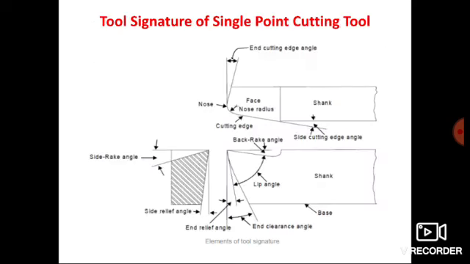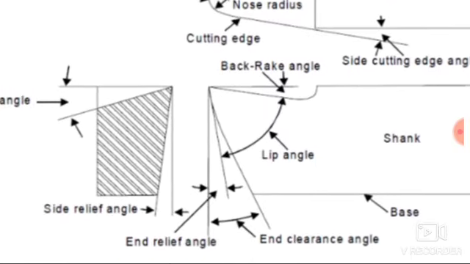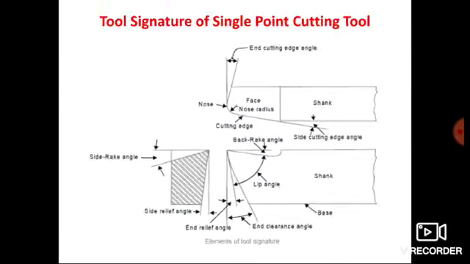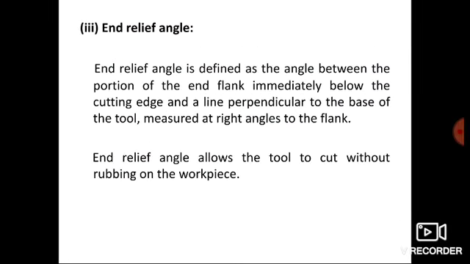End relief angle. Here I am showing the end relief angle. Here you can see at the bottom, this is the end relief angle. End relief angle is defined as the angle between the portion of the end flank immediately below the cutting edge and a line perpendicular to the base of the tool, measured at right angle to the flank.